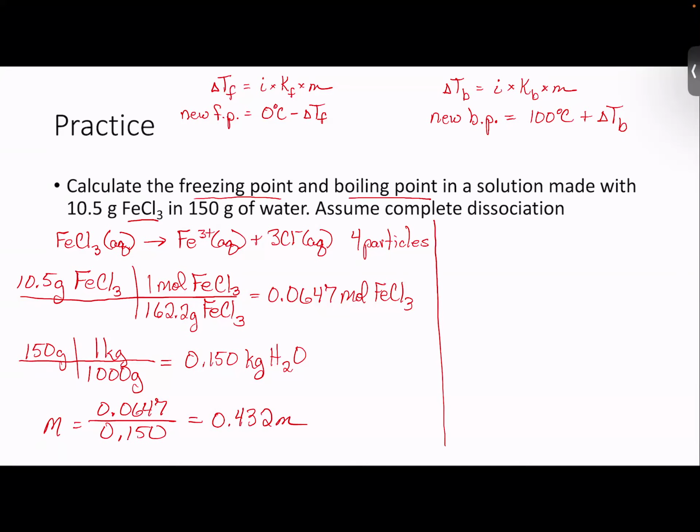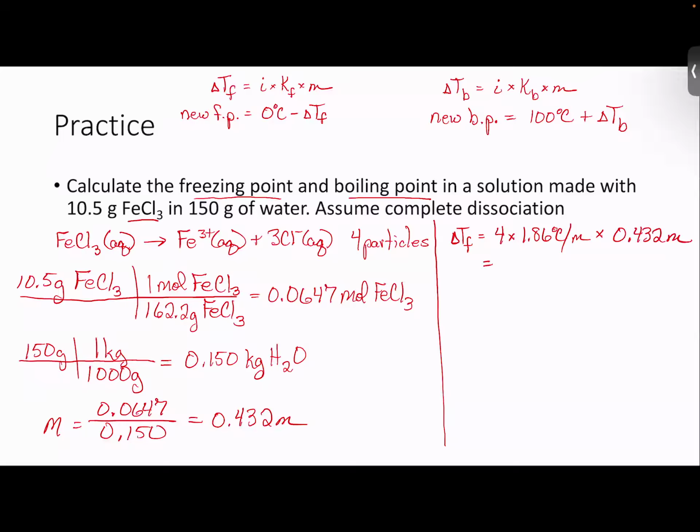Now that I have the molality, and Kf and Kb are both constants, I can go in and do these calculations. So delta Tf is going to equal 4 times Kf, which is 1.86 degrees Celsius per molal, times the molality we determined, 0.432 molal.